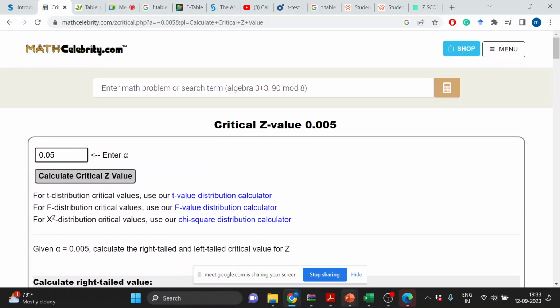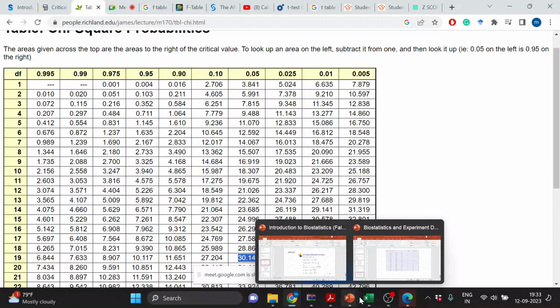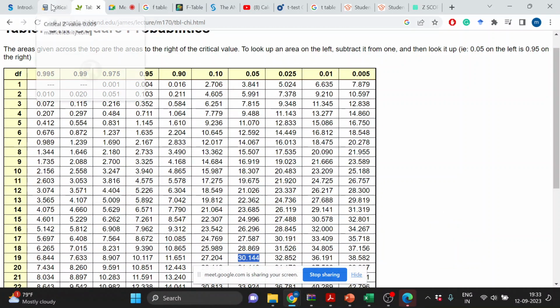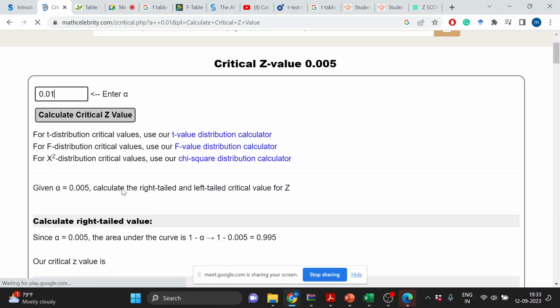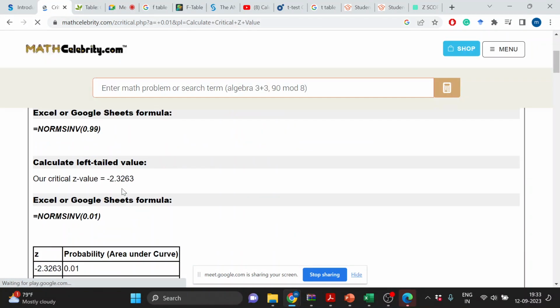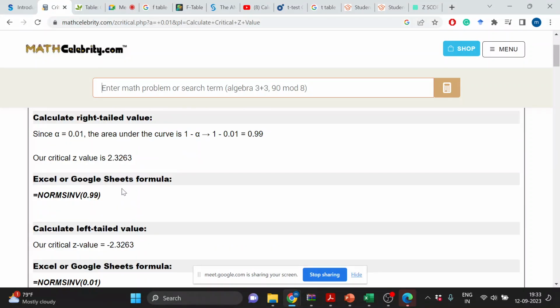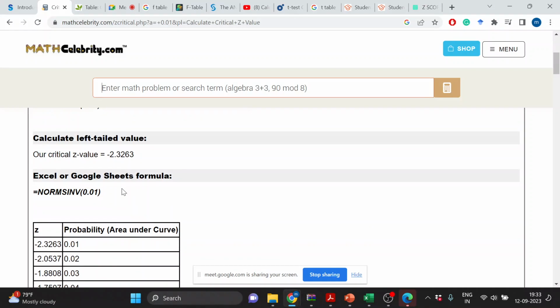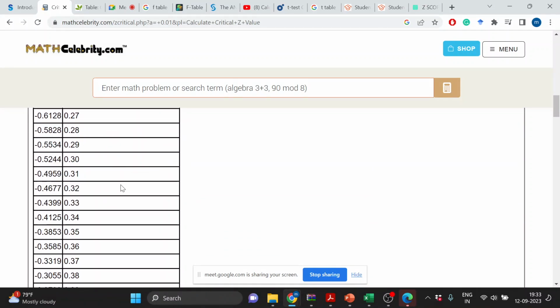But they have asked for alpha 0.01, sir. 0.01, yeah. So that is this only. One tail. It's minus 0.23, or right tail will be plus 0.23.